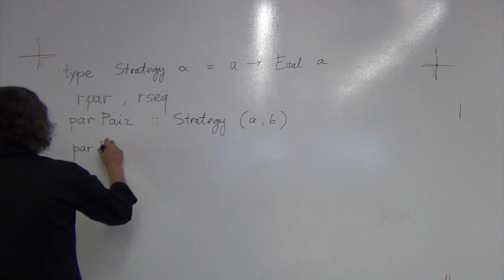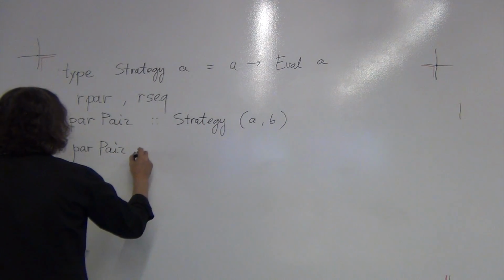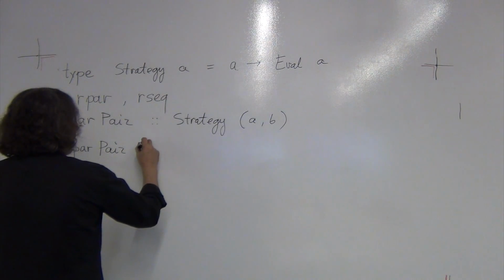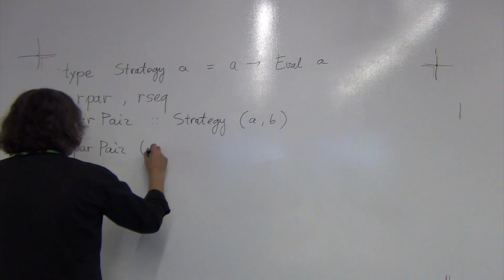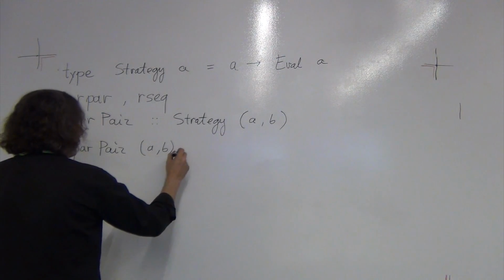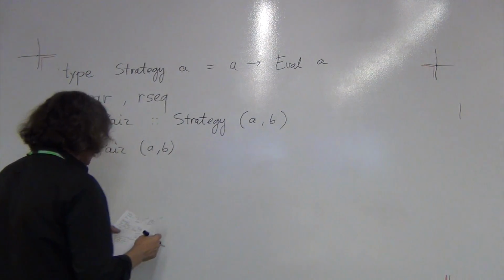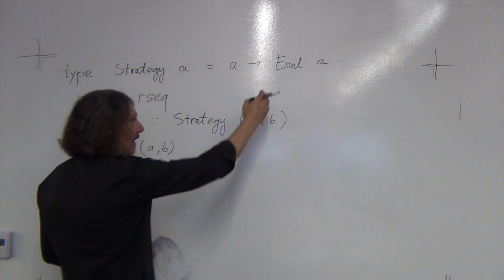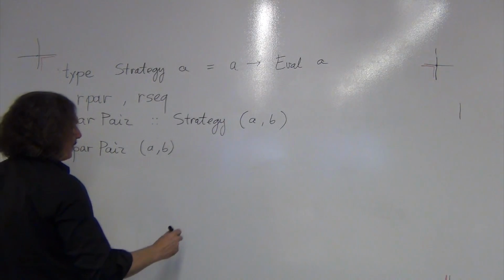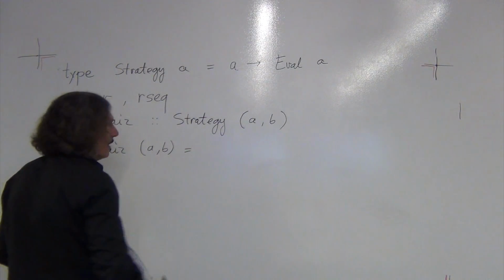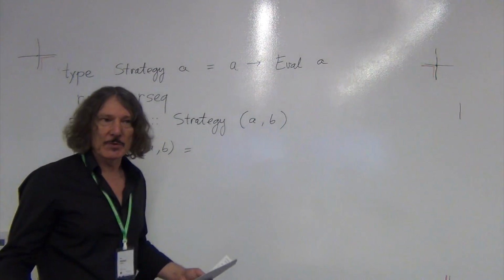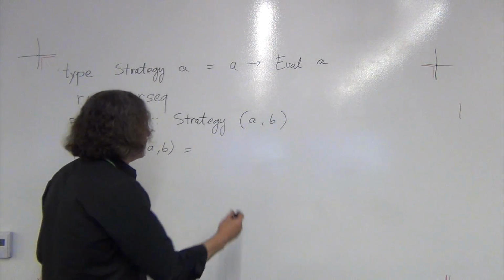It's parPair acting on some (A, B), right? It's supposed to produce an eval of the pair (A, B). So we want to produce a monadic value, so we'll start with the do.